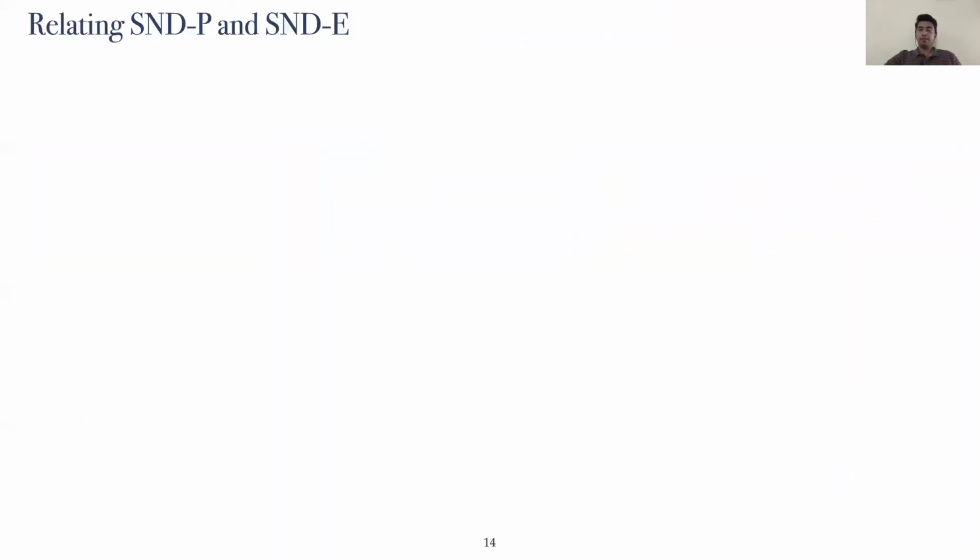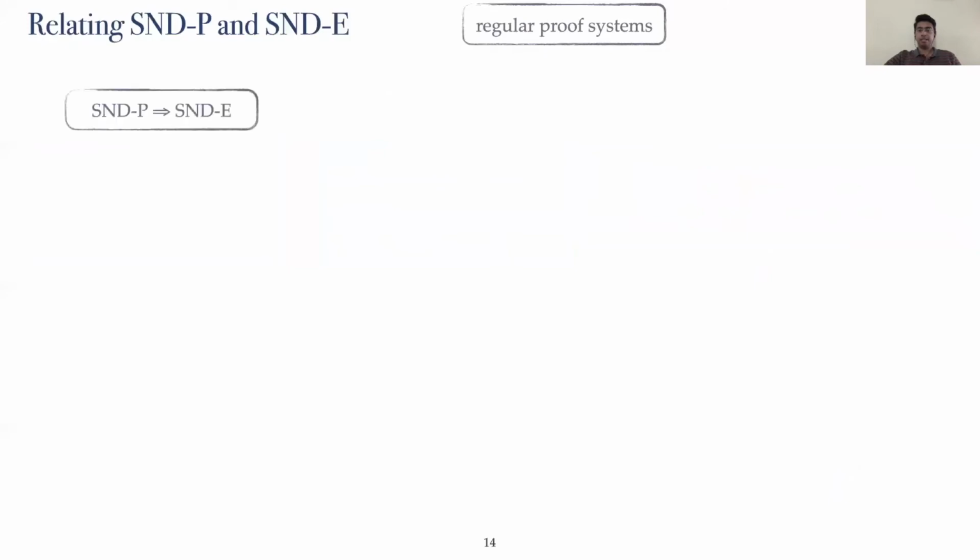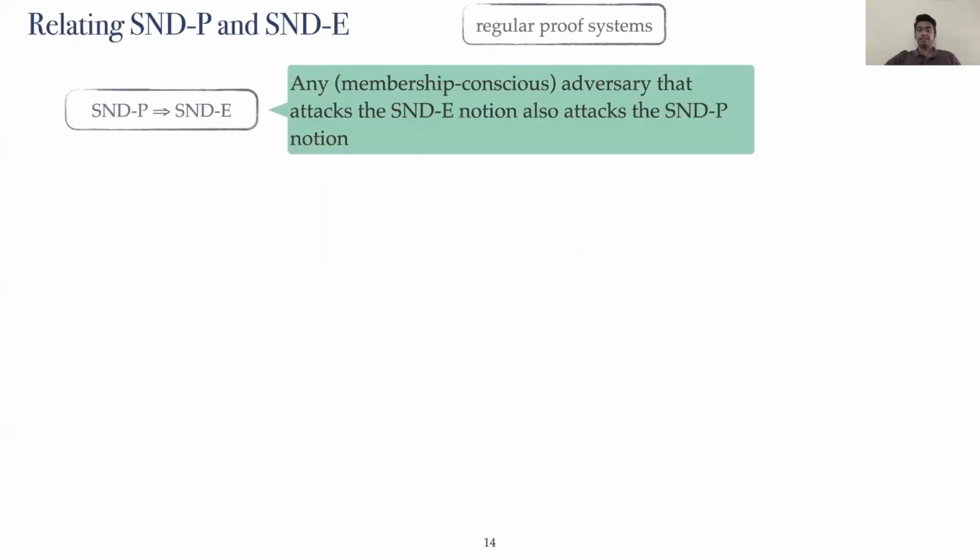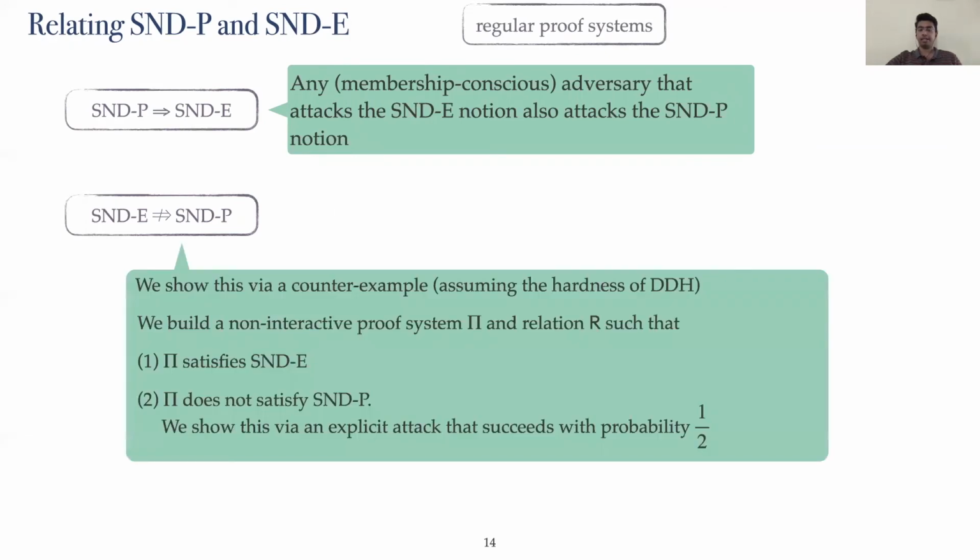We now describe how the two notions of soundness compare to each other. It is easy to see that the penalty style definition automatically implies the exclusion style definition. This is because an adversary that attacks the SNDE notion will also attack the SNDP notion with only a negligibly smaller probability. On the other hand, the reverse implication does not hold. That is, SNDE does not imply SNDP. We show this separation via a counterexample.